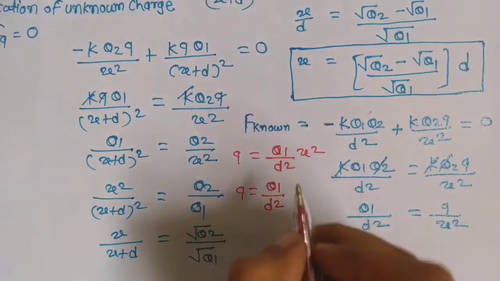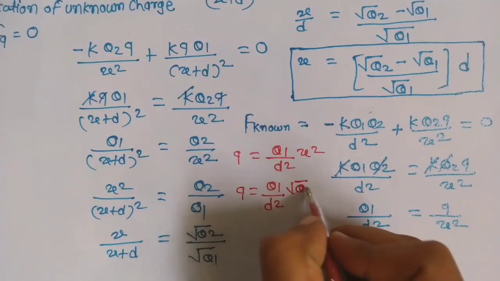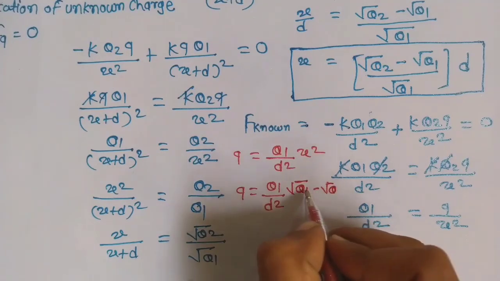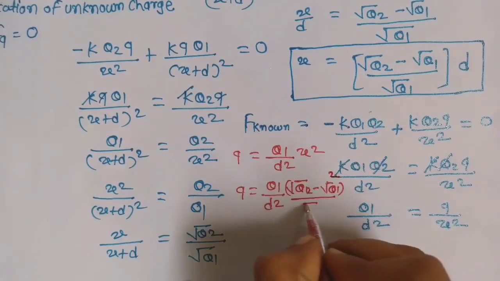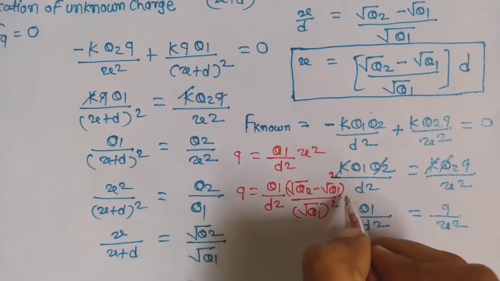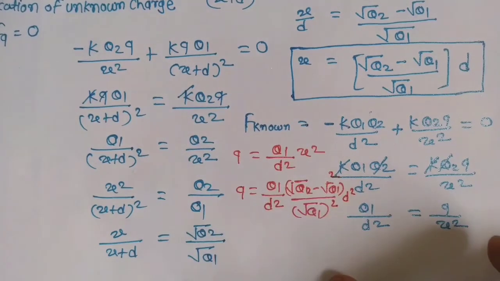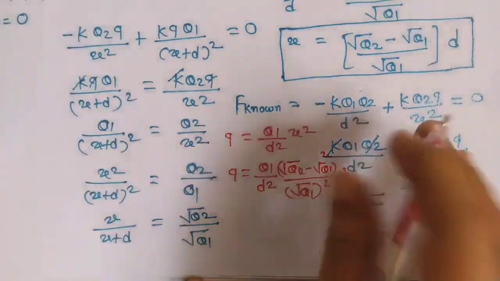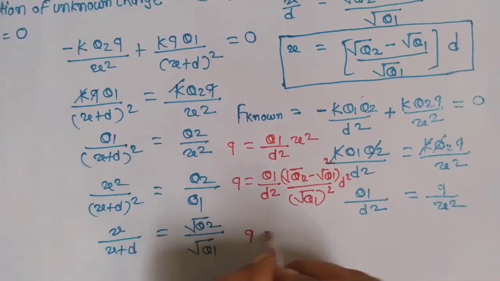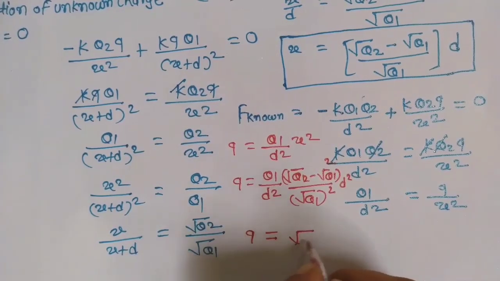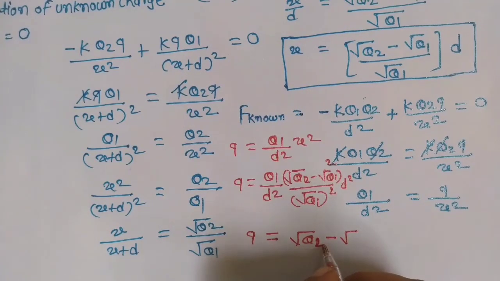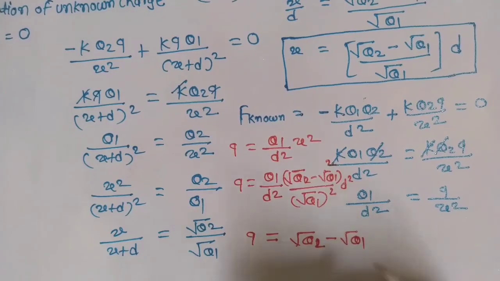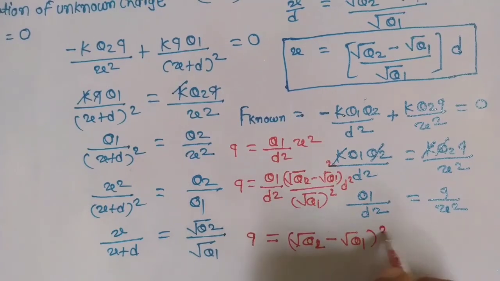What is the value of x? x square is (under root Q2 minus under root Q1) square upon under root Q1 square into d square. By this calculation we get Q is equal to (under root Q2 minus under root Q1) whole square.